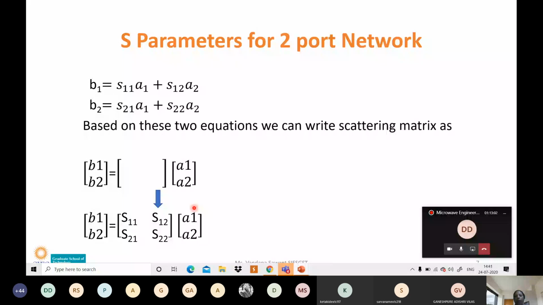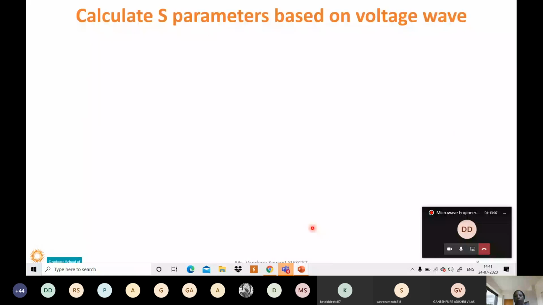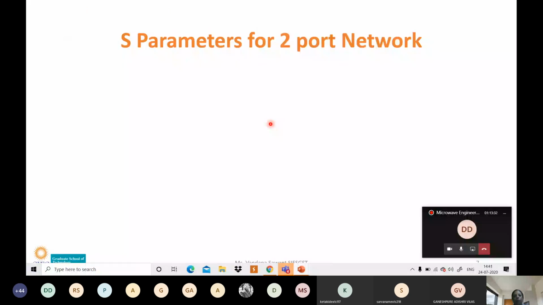So then how to calculate the S parameter based on a voltage wave? This thing we have done, based upon the voltages V1 plus, V1 minus, V2 plus, V2 minus. How to calculate the S parameter? Just now we calculated the S parameter depending upon B1, A1.